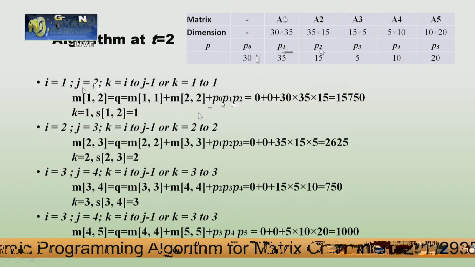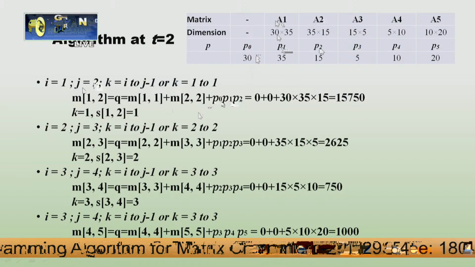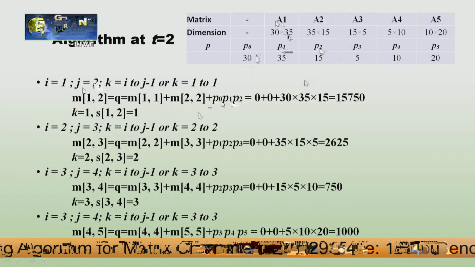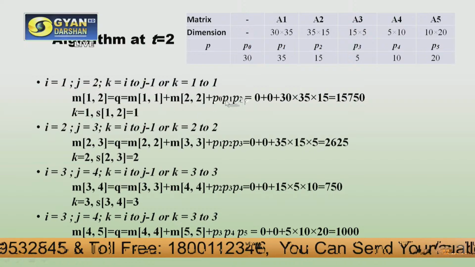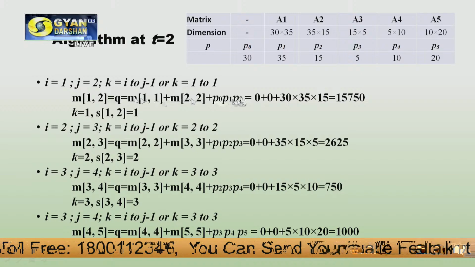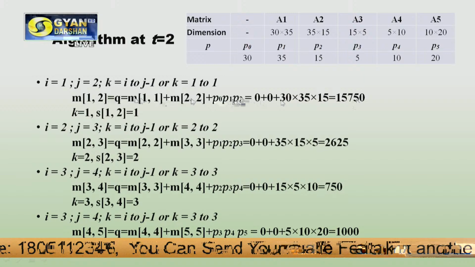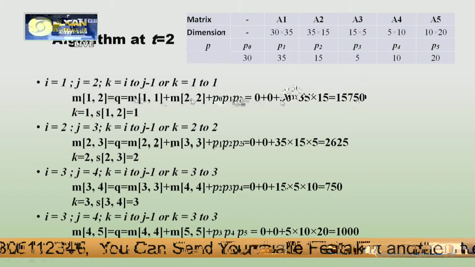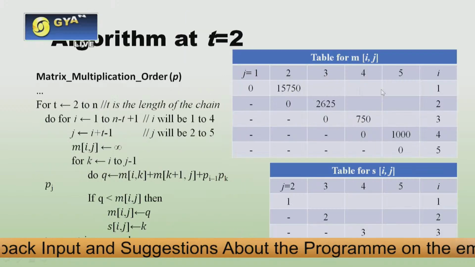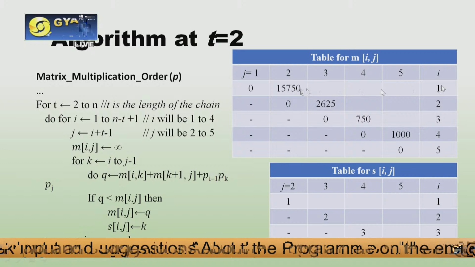So actually we are multiplying A1 with A2. When we are multiplying A1 with A2, it is 30 into 35 into 15. That is being represented with the help of the algorithm value. And this turns out to be 15,750. This is this particular term. What was m i j? That is m 1 2, j was 2, right?